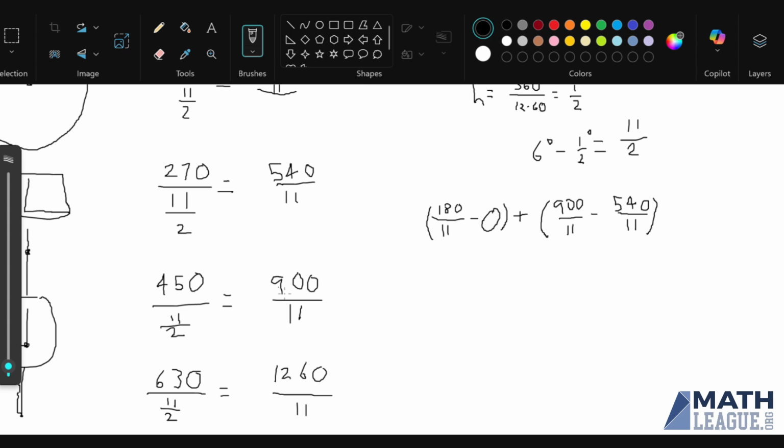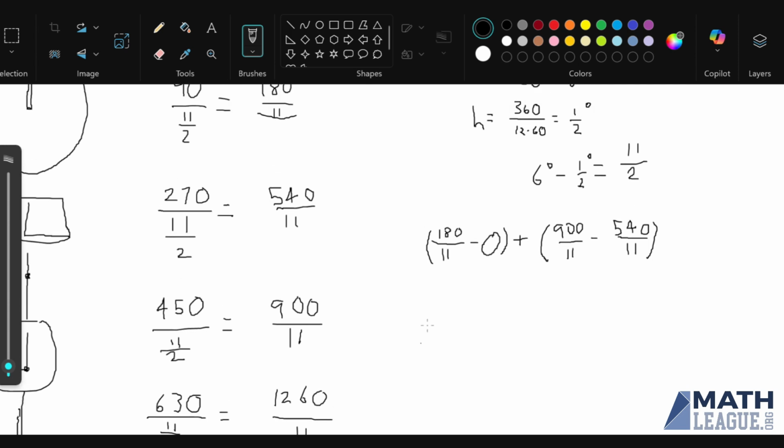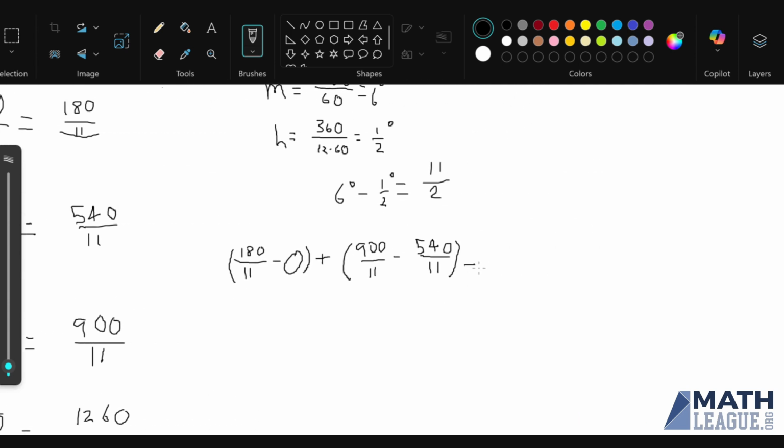But then from minute 1260 over 11 to minute 120, we're going to have our case satisfied. So in this 120 minus 1260 over 11 minutes, our desired case is satisfied.